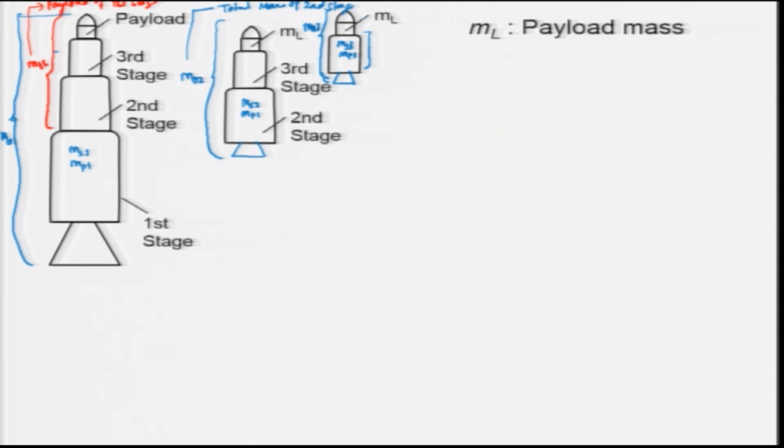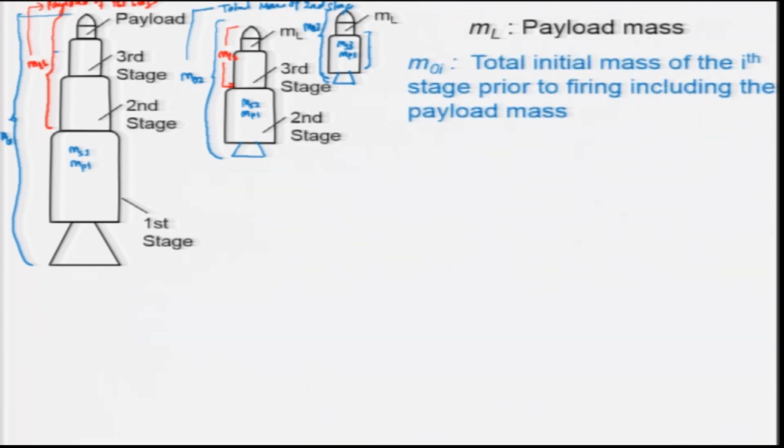Keep in mind that this m03 is nothing but your mL2, that is, this portion of mass is the payload for the second stage.